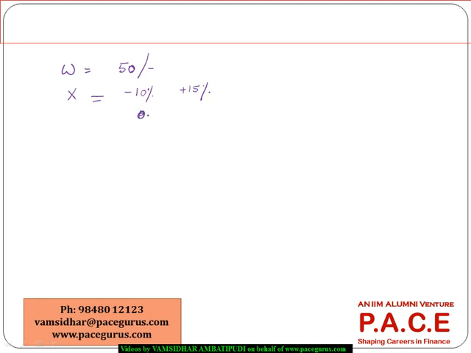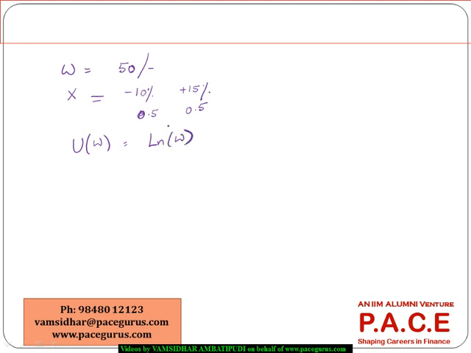So the probability of losing 10% in 1 year is 0.5, gaining 15% in 1 year is around 0.5. And let's say the utility function I'm looking at is a logarithmic function itself.